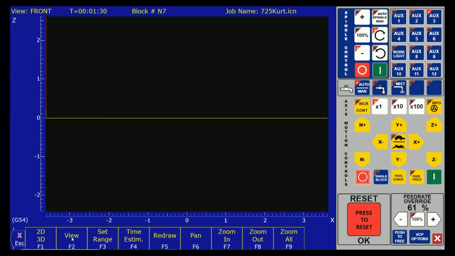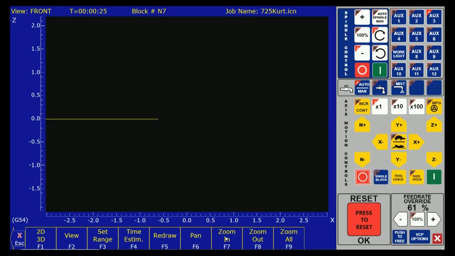Okay, so here's what I'm looking for in front or right view. I want to know what my Z depth for this cut is. Where does it look like it cut to? The center of the part. In Z specifically, top of your stock. All right, let me zoom in here.